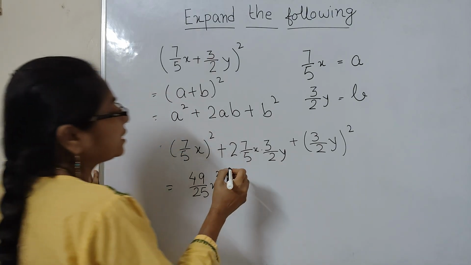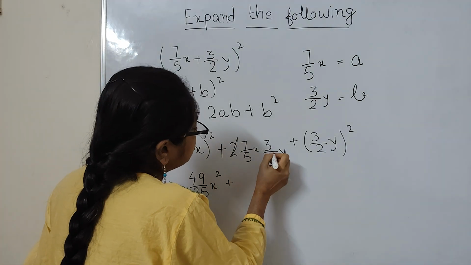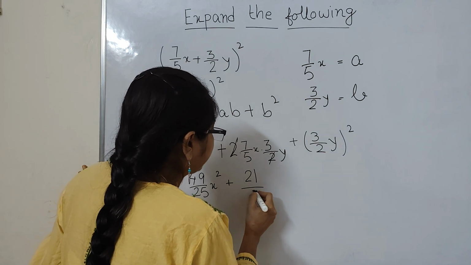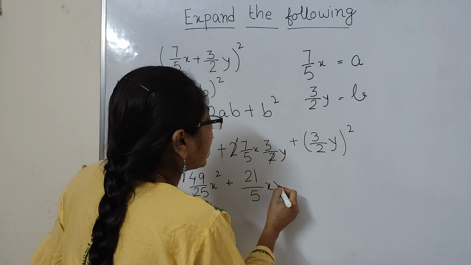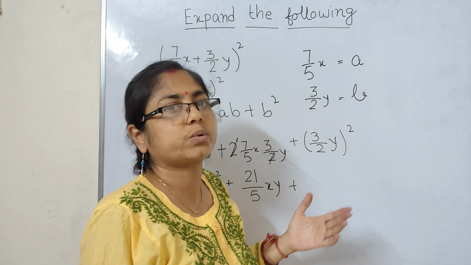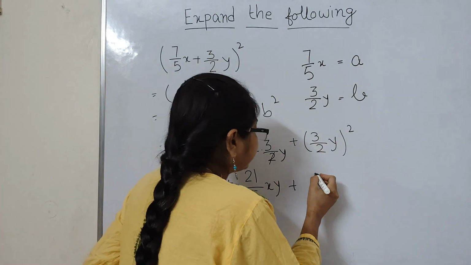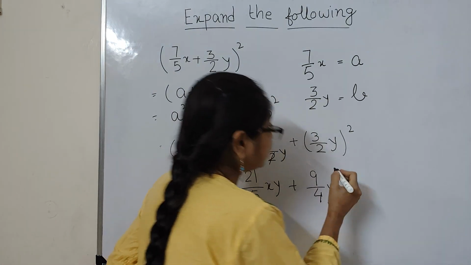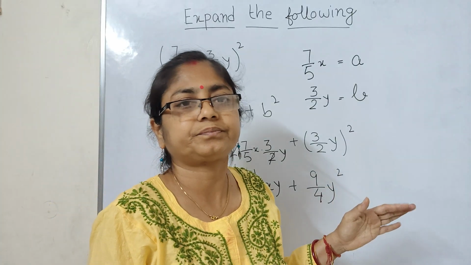Then plus, I cancel these two, this one is 21 by 5 xy. And come to the B part, 3 by 2y whole square means it is 9 by 4 y square. It is the expanded form.